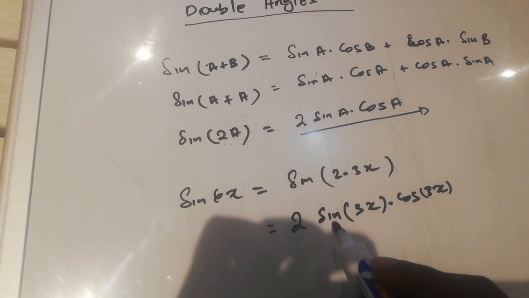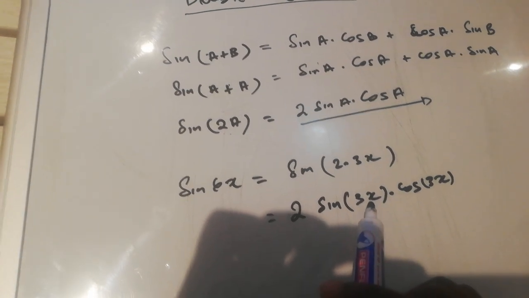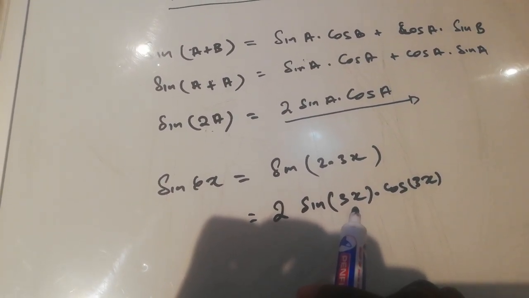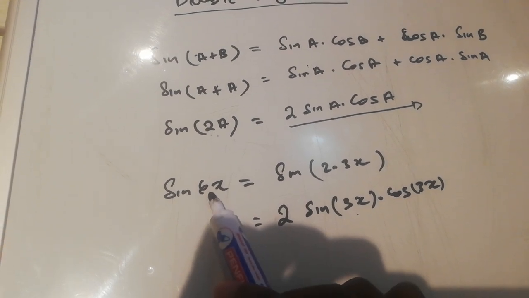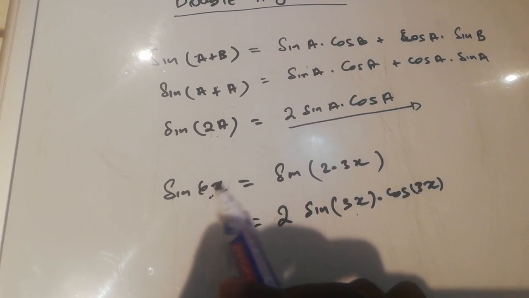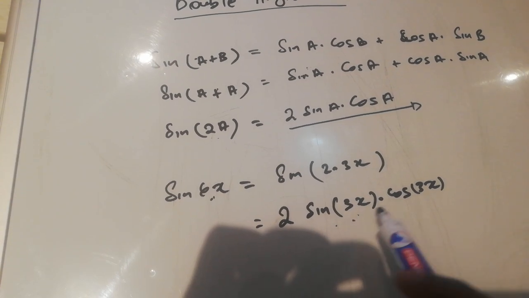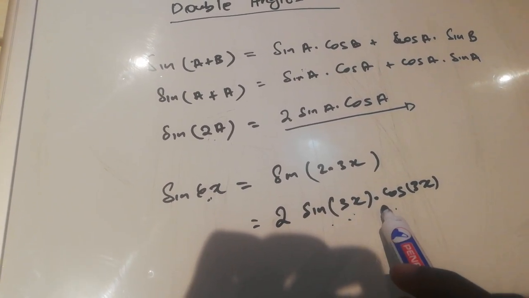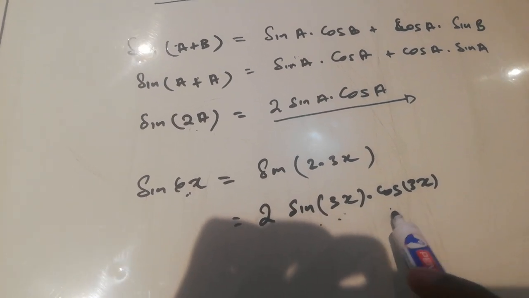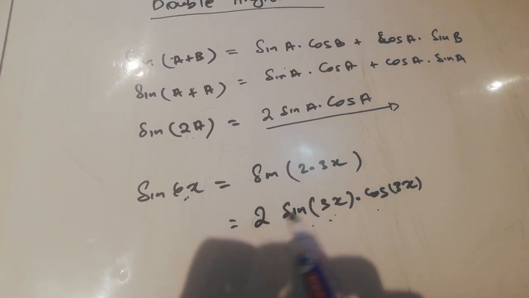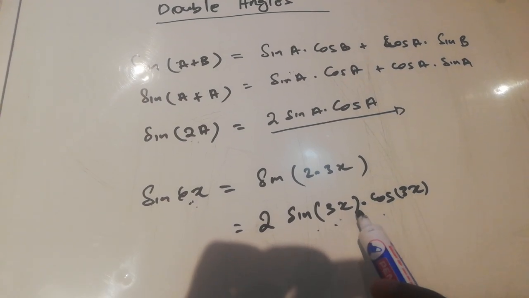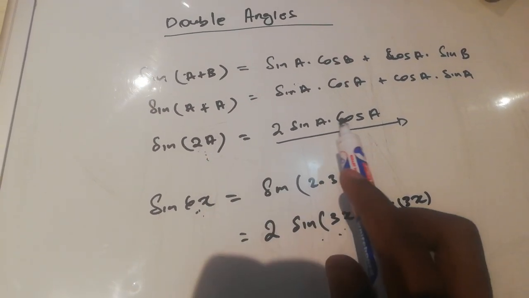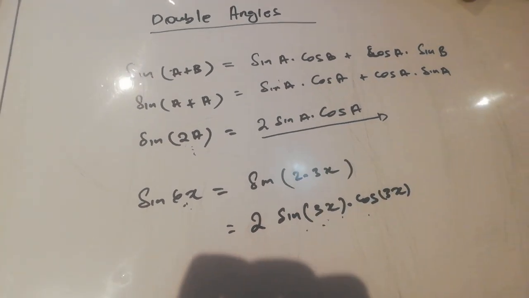What you will realize is that the number inside this ratio, the angle, is always half of the angle that is here. So here we have a 6x, and in this product of sine 3x and cos 3x, we have half of this 6x, which is 3x. Here we have a 2, and then we have half of that 2, which is a 1.